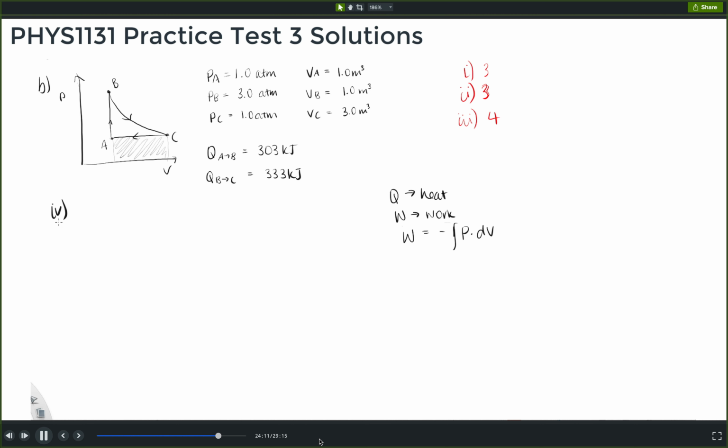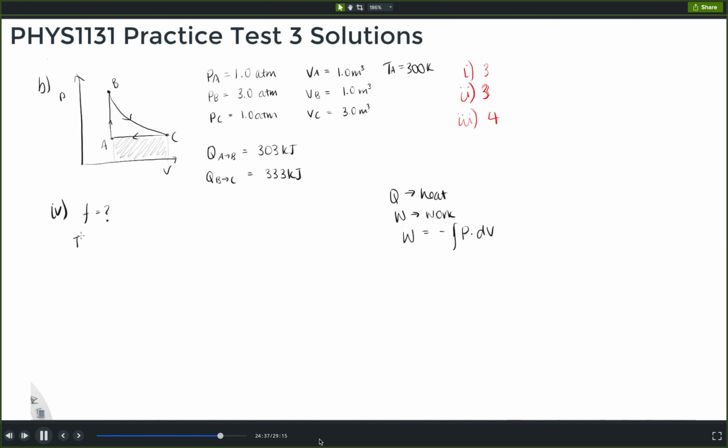Part 4 is asking us, if the temperature at point A is 300 Kelvin, so I'll just write that down, we need to determine whether the gas is diatomic or monatomic and give reasons for that. To know if it's diatomic or monatomic, what we really need to know is how many degrees of freedom there are in this gas.